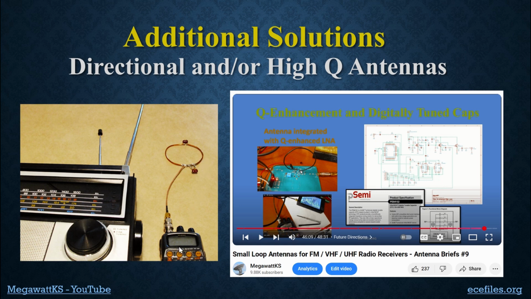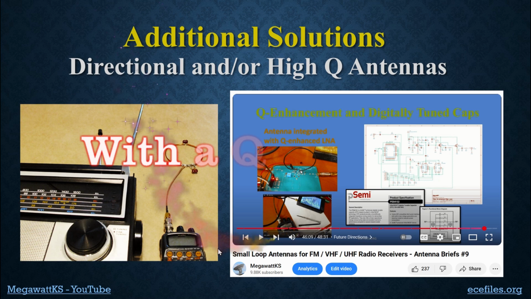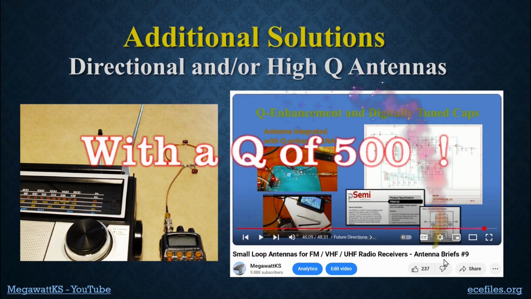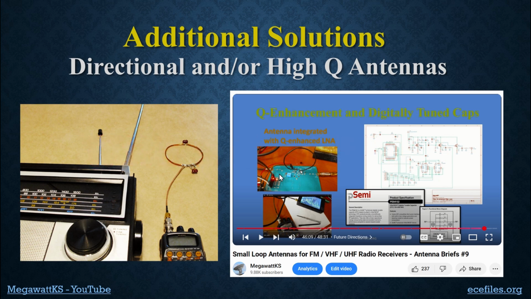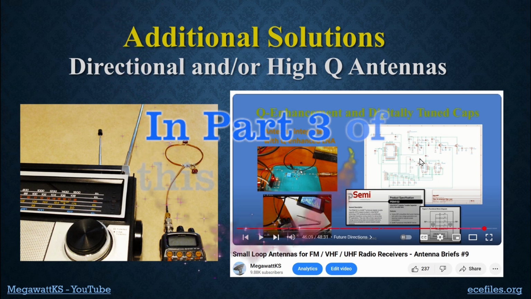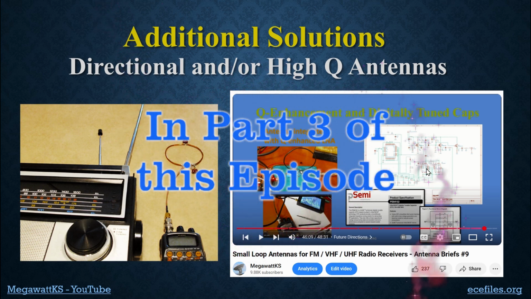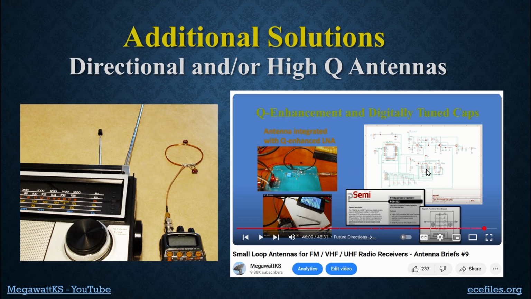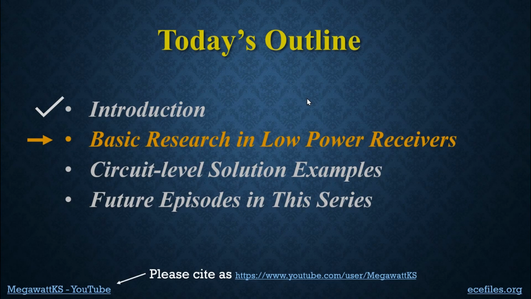And this is one that I put together several months ago in episode 9 of the Antenna Briefs series. And here I'm using the small loop together with the Q-enhanced filter because I thought, hey, let's put the two together, see what happens. So you can look at that episode if you like. I'll come back to this diagram here, which is our later prototype of the Q-enhanced filter.